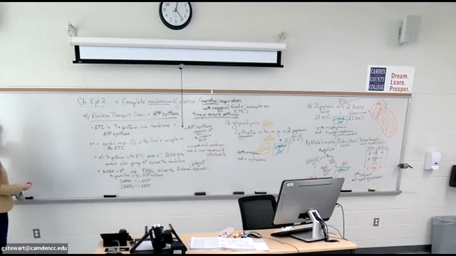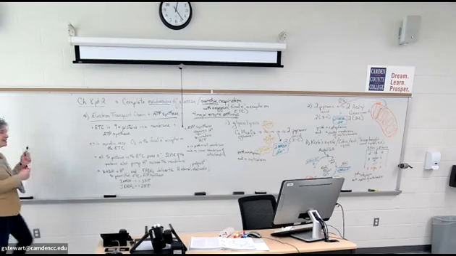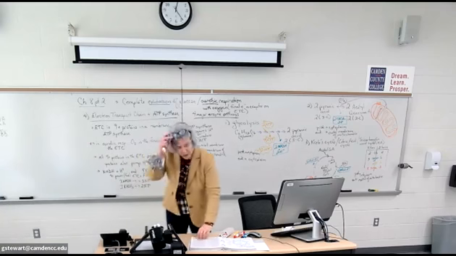So here's my phospholipid bilayer, because that's what all membranes are in all cells. Phosphate heads are charged, hydrophilic. Tails are hydrophobic. And embedded in that are groups of proteins.